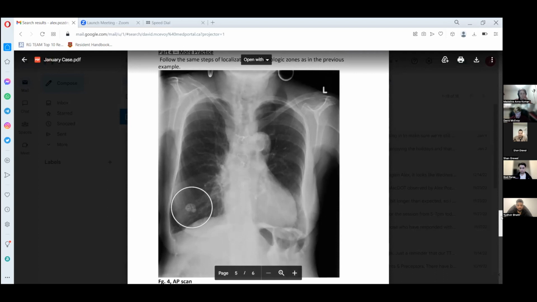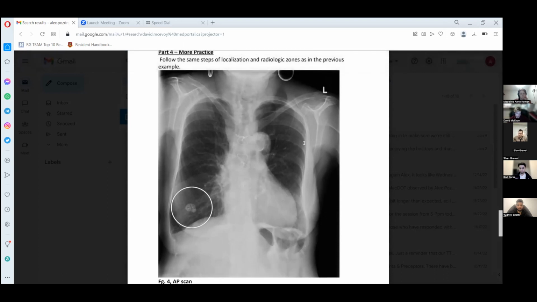So the term for a hypertrophied heart, or generally increased cardiac silhouette, is cardiomegaly, because cardiomegaly doesn't necessarily mean that the heart itself is hypertrophied.